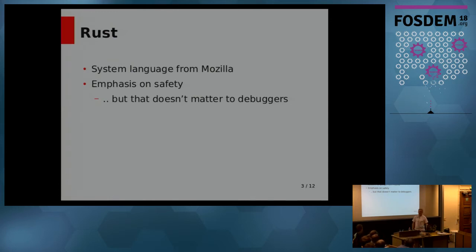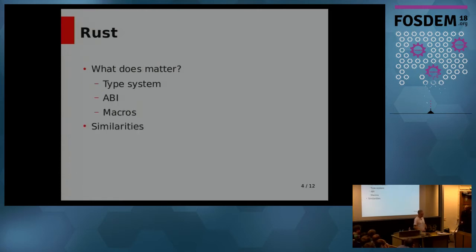So Rust, who knows Rust? All right. Yes, Rust is a system language from Mozilla with an emphasis on safety. I personally feel like it's what the programming world needs. But this emphasis on safety doesn't matter at all to debuggers. It's not important from the debugger view.